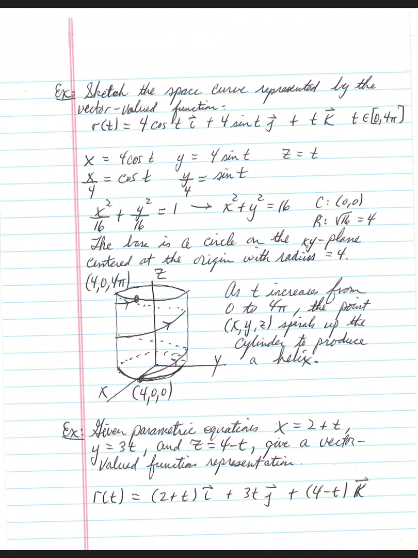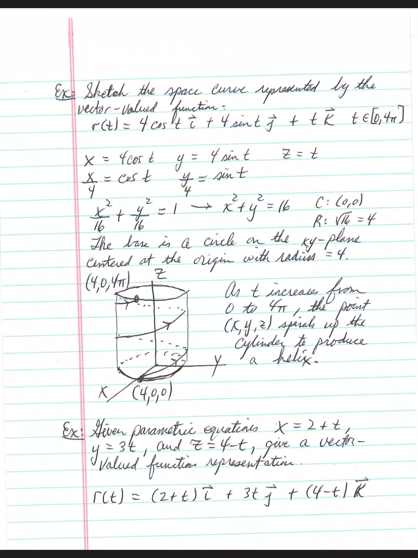Multiply through by 16, and what we have is a circle centered at the origin with a radius of 4, because 16 is 4 squared. What that tells us is that by using just the x and the y, on the xy plane, which would be like your desktop or tabletop, we have a circle centered at the origin with a radius of 4.